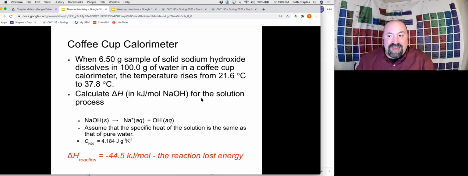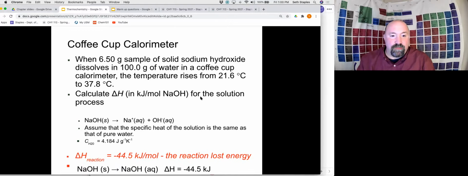We could then write that into a thermochemical equation. We have the dissolution of sodium hydroxide solid going to sodium hydroxide aqueous. All we're doing is taking solid sodium hydroxide and dissolving it.